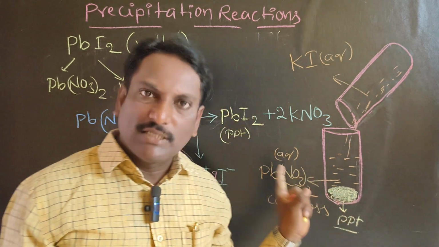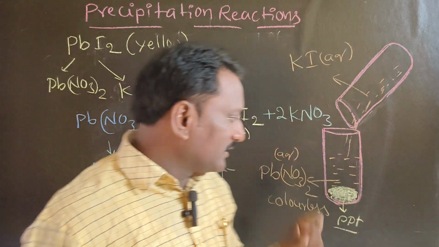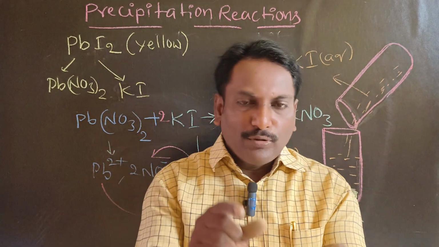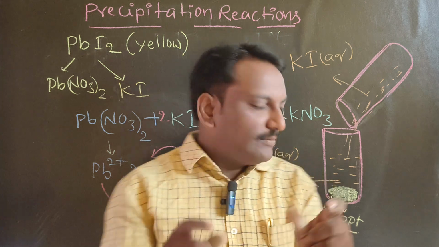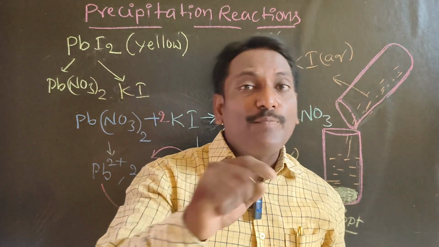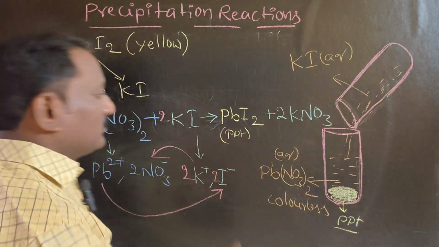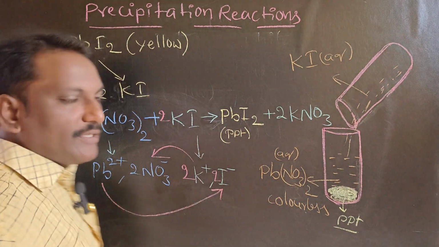This is a textual exercise, and you will get this question in the textbook as well, so please go through the textbook once. When potassium iodide and lead nitrate are mixed together, you will get a yellow precipitate of lead iodide. Please remember, this is a very important one.